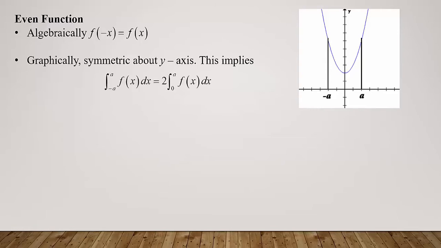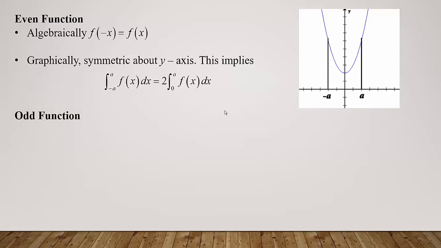So this means that when we integrate from negative a to a, f of x dx, since it's symmetric about the y-axis, the region below the graph of f, above the x-axis, between negative a and a, the area of that region, because of symmetry, should be nothing more than 2 times the integral from 0 to a, f of x dx. So with an even function, you can just immediately rewrite it like that, and that's pretty cool.